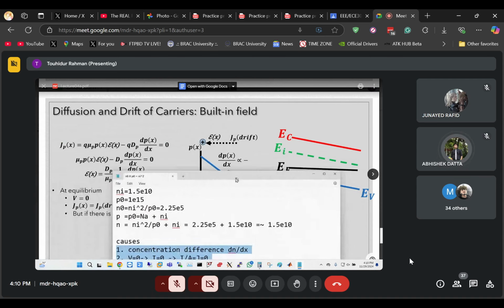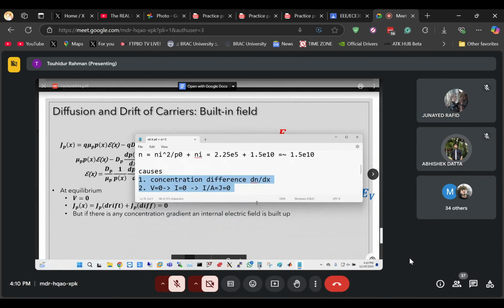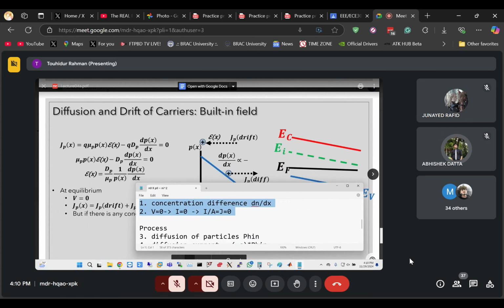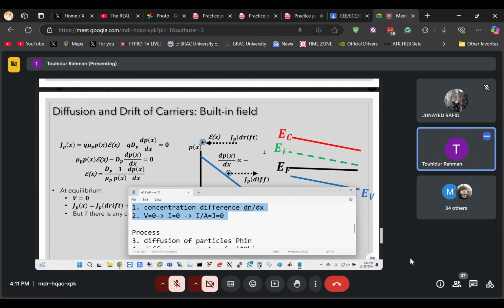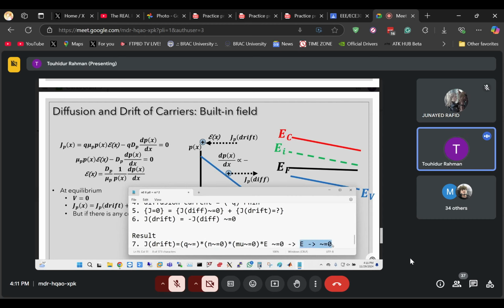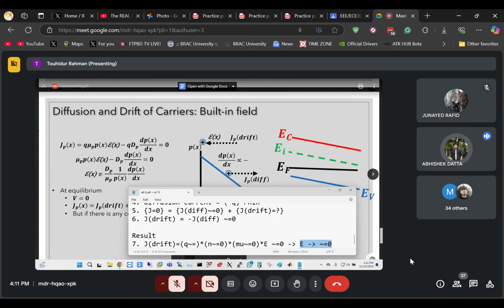Because we have, number one, a carrier concentration difference, and number two, voltage equal to 0. I don't have it here explicitly, but current equal to 0. So we satisfy these two conditions. Now after satisfying these two conditions, if we derive the electric field, what do we call that electric field? So built-in electric field. Right, built-in electric field.